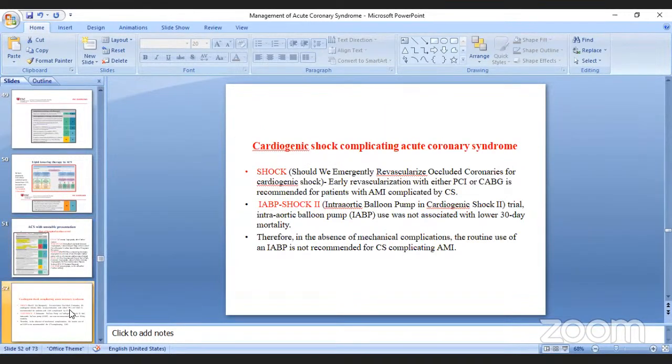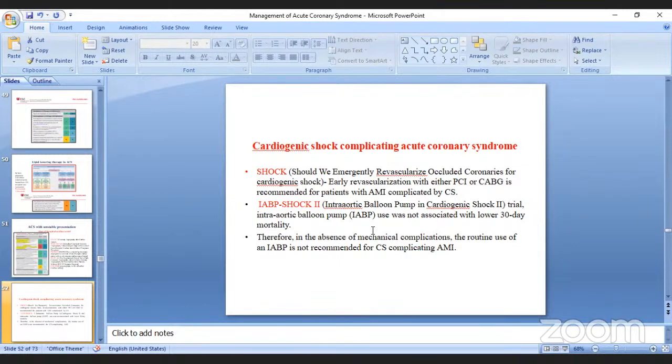In case a patient presents in cardiogenic shock, which is complicating acute coronary syndrome, what should be done? So there was the SHOCK trial, which recommended early revascularization with either PCI or CABG in patients with AMI complicated by cardiogenic shock. There was the IABP-SHOCK 2 trial, where the IABP use was not associated with a lower 30-day mortality.